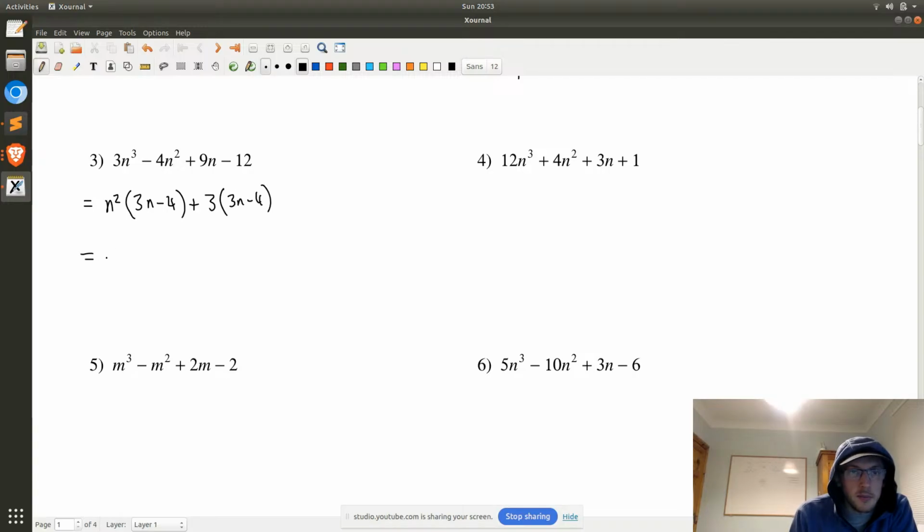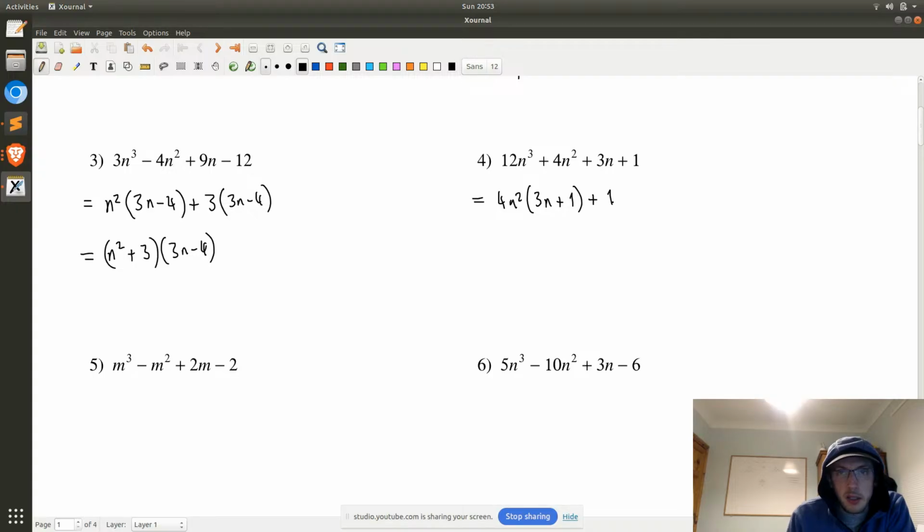So I believe it just becomes n squared add 3 all times 3n take 4. Next, 4n squared, 3n add 1 plus 1 lot of 3n add 1. So this becomes 4n squared add 1 times 3n add 1.